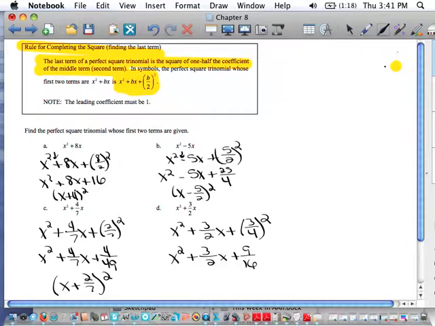Writing that as my binomial squared, I have x plus 3/4 squared. So again, each one of these is a perfect square trinomial that we're going to write as a binomial squared in its factored form.